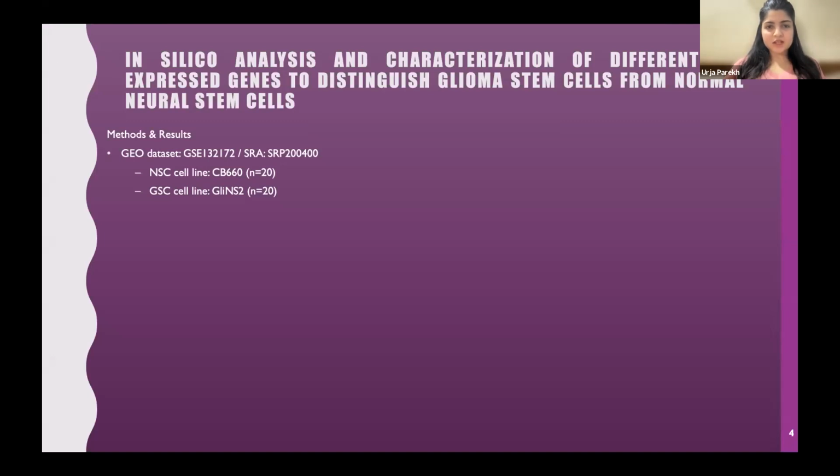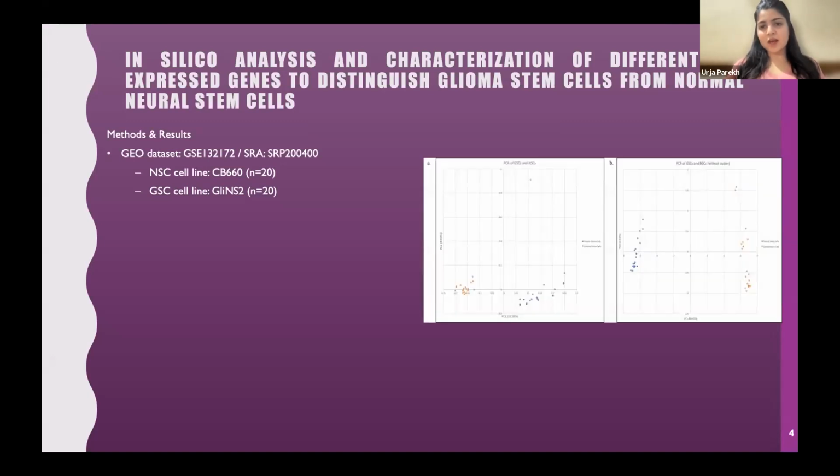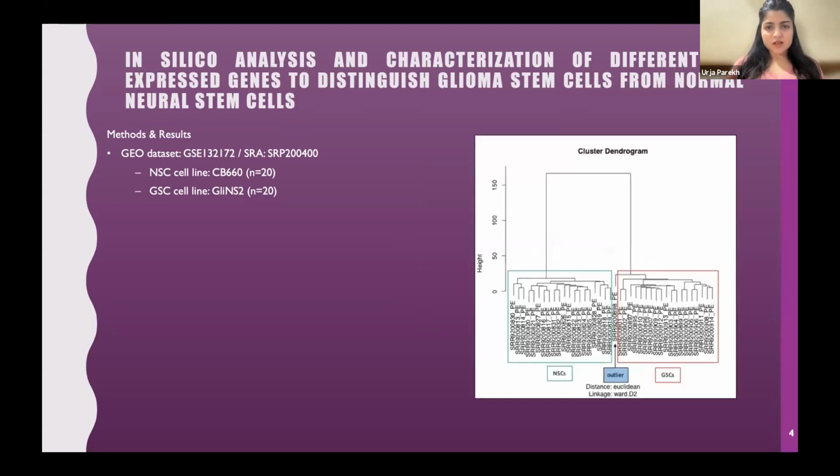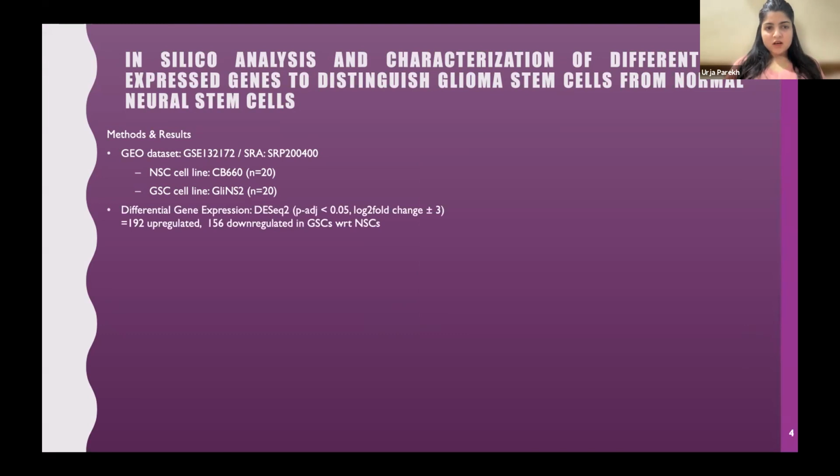After performing RNA sequence analysis, I saw a clear separation between the glioma stem cells and normal neural stem cells in my PCA analysis. I also observed a clear separation in the hierarchical clustering, and several differentially expressed genes: 192 genes significantly upregulated in glioma stem cells and 156 downregulated genes in glioma stem cells in comparison to normal neural stem cells.